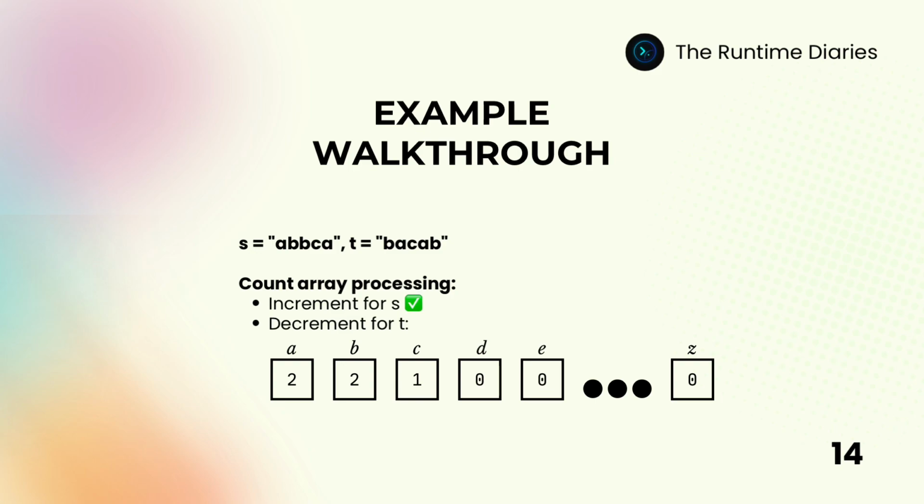Then T subtracts each frequency. The final array ends up all zeros, and that's how we confirm it's an anagram.